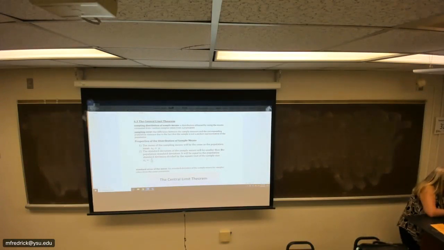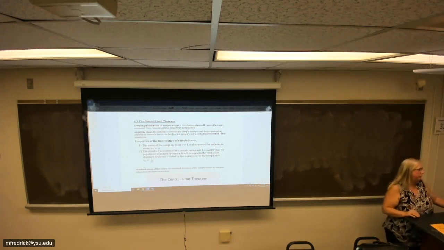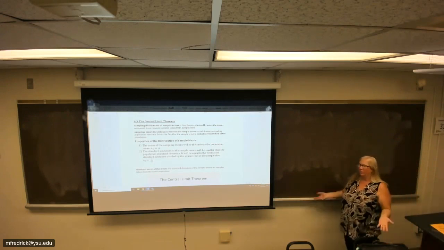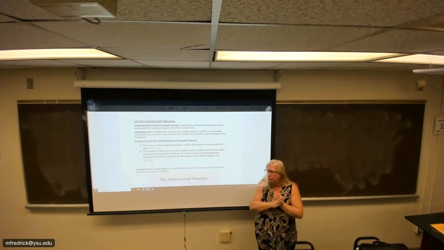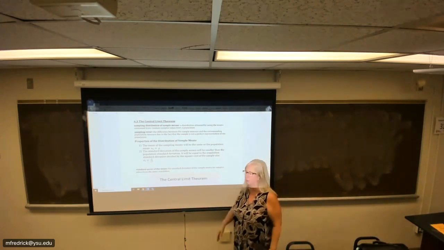So the central limit theorem, it's a sampling distribution. A sampling distribution of sample means, a distribution obtained by using the means computed from random samples from your population. A lot of words. What it means is, say my population was all students in stats class at YSU.